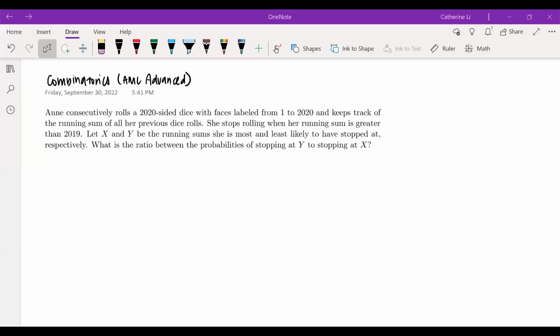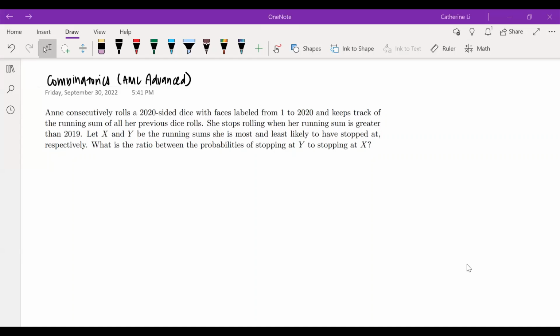Yeah, so I'm also going to be talking about combo, and basically there isn't one specific topic, because I think that combo, especially later on in computational competitions, doesn't have a lot of set topics.